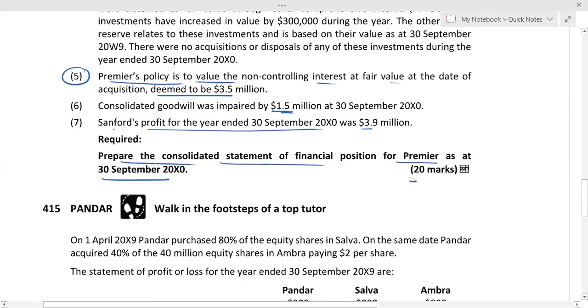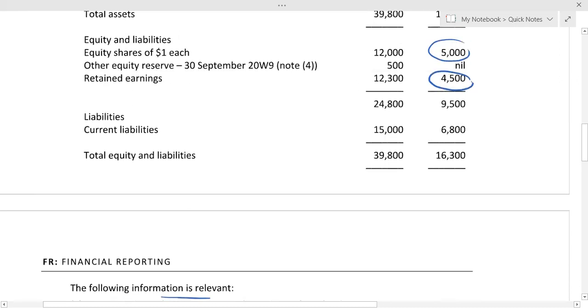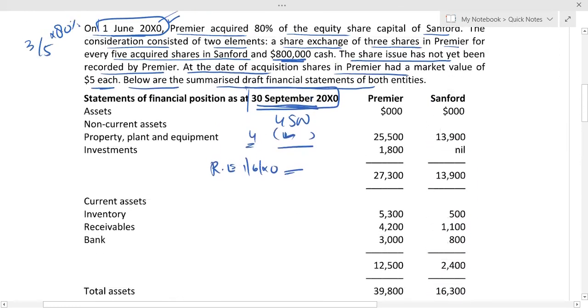Here, Sanford profit for the year is 3,900. What are we going to do? Simply deduct the last 4 months retained earnings from 4,500. You will get retained earning at acquisition.